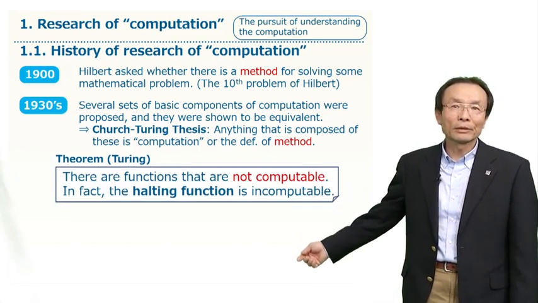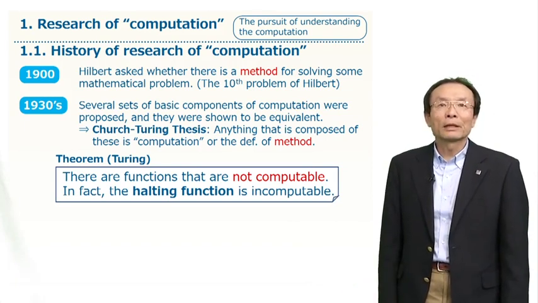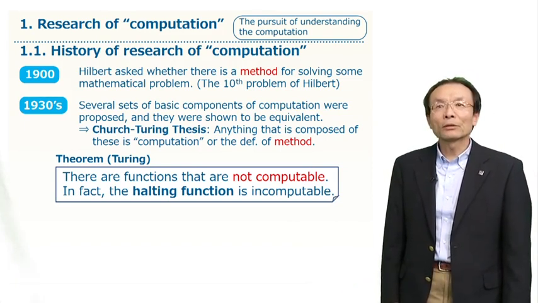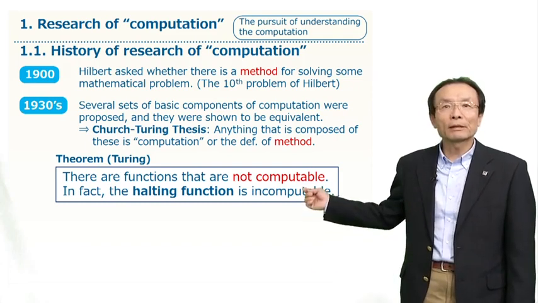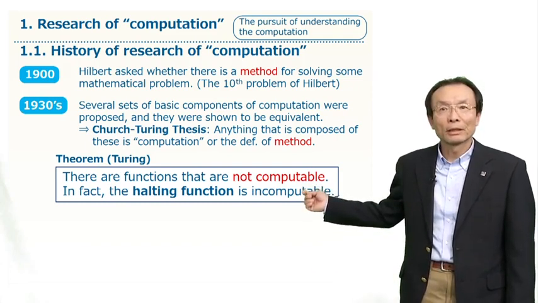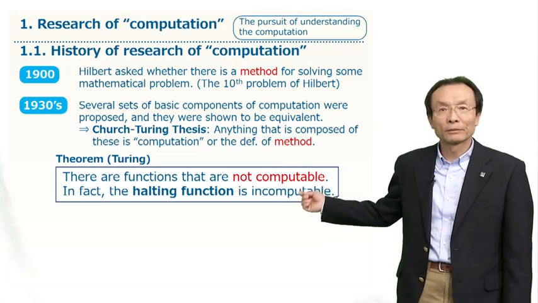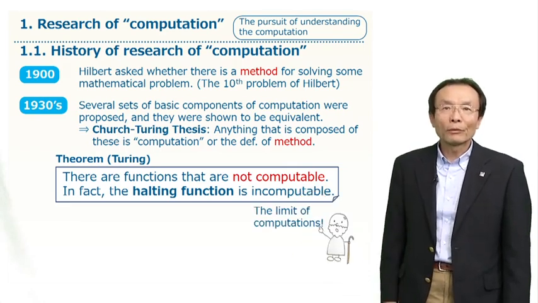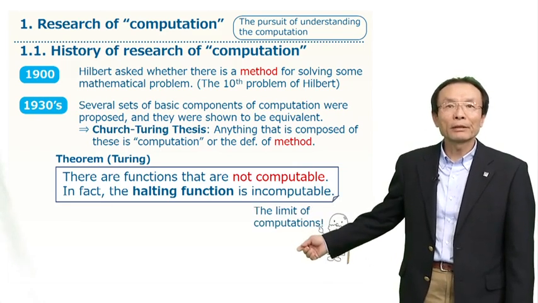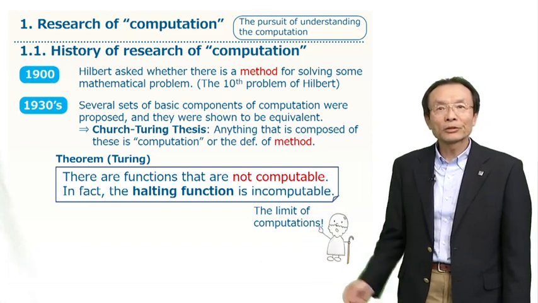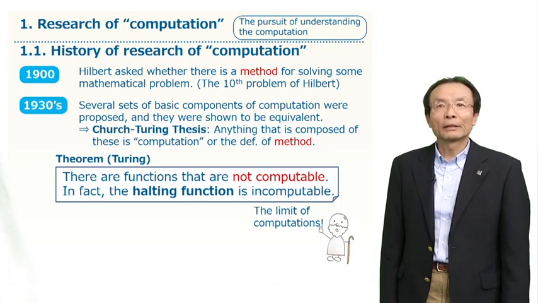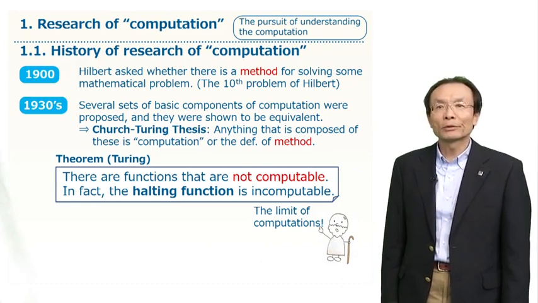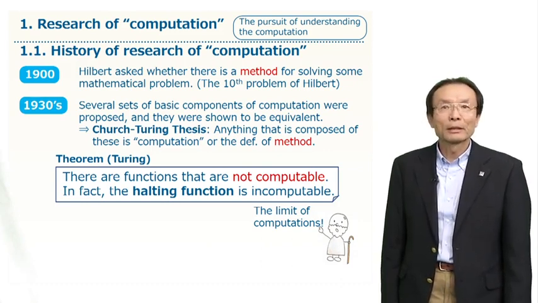By using his model, Turing proved that there are functions that are not computable. In fact, he gave a concrete example of an incomputable function, that is the halting function. So what he proved is that there is a limit of computation. This shocking discovery made people recognize the meaning and importance of those proposed computational models clearly.